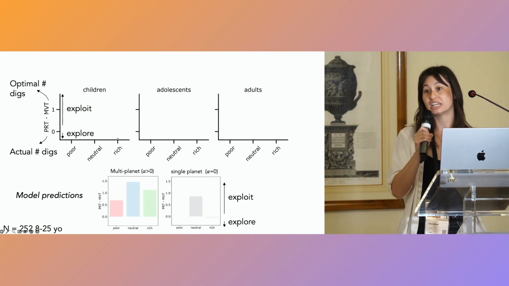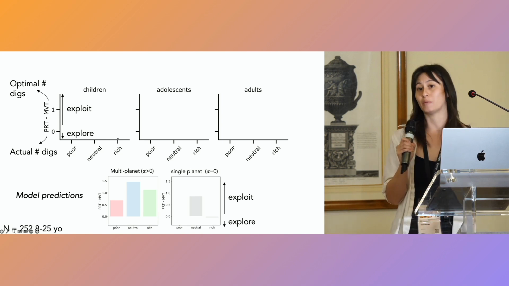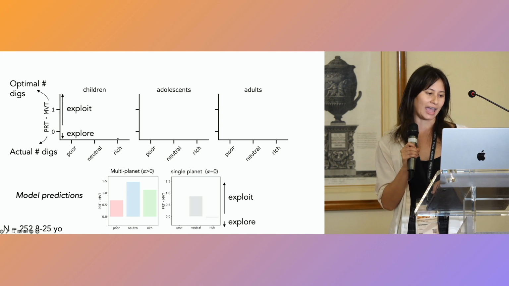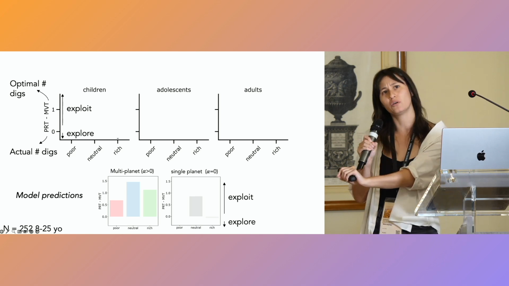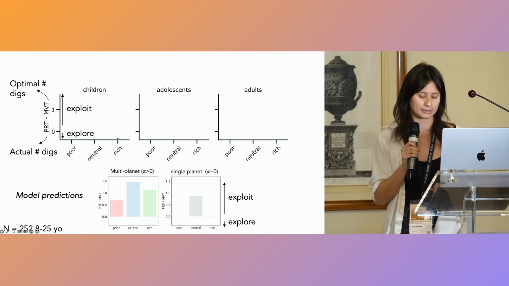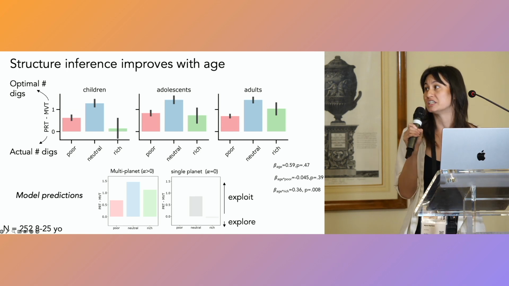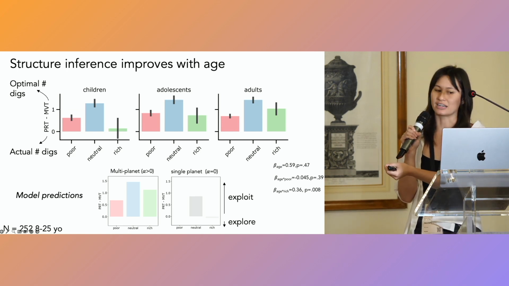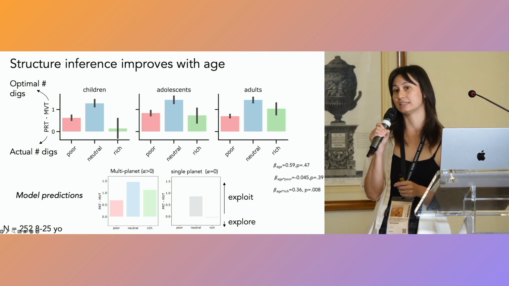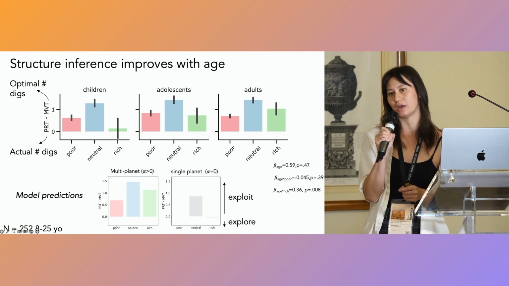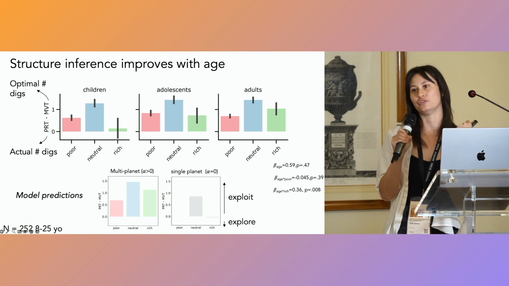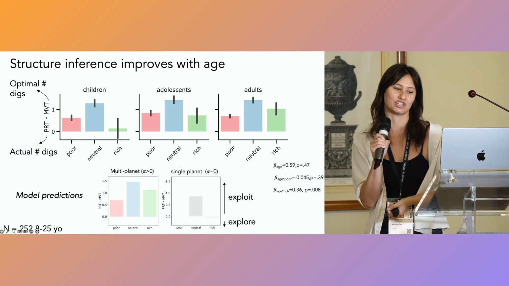Our model makes predictions regarding how different representations will produce different patterns of exploration. And I'll point out that these differences are most notable on the rich planets. When you look at participants' data, you can see that younger participants act in greater accordance with a simpler single planet type representation, whereas older participants act as if they're using this more complex representation.